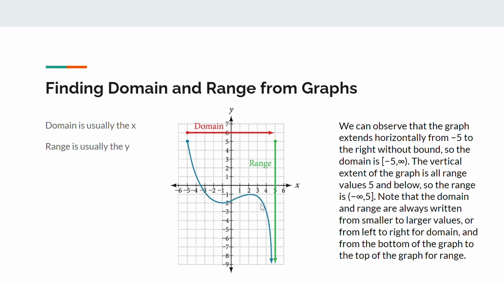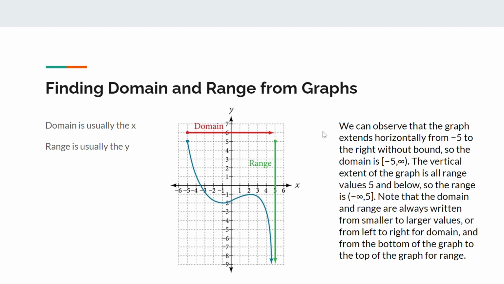For the vertical component of this graph, it goes all the way down, so negative infinity, and goes up until it reaches +5. Note that here it's a closed circle instead of an open circle, which basically tells us that +5 and -5 are included.